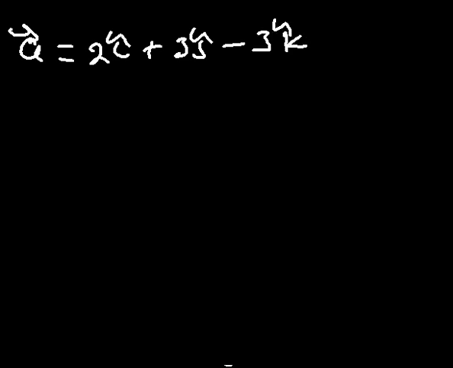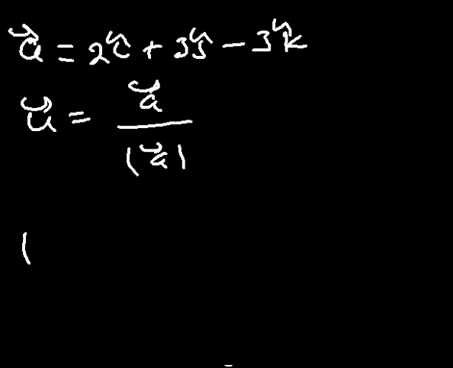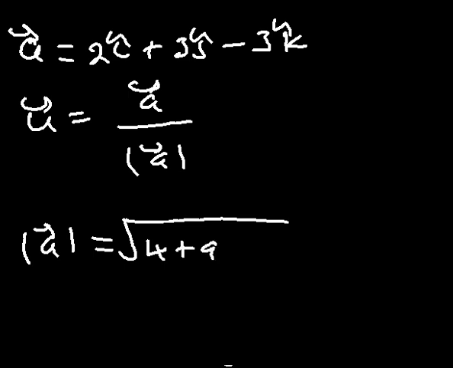For instance, let's say we have a vector A given as 2i plus 3j minus 3k. What is the unit vector of the vector A, given as u? We have it as vector A divided by its magnitude. The magnitude of the vector A is the square root of 4 plus 9 plus 9, which is 18, plus 4, that will be 22.